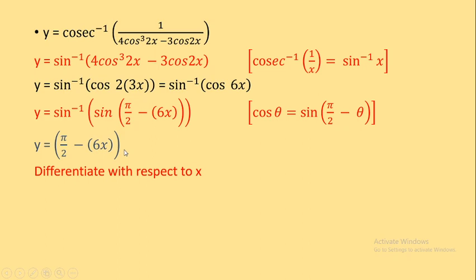Next step, differentiate. Now you can easily tell me the answer. Pi by 2 is a constant, right? And the answer is yes, minus 6. Just remember the small mistake here: take the 3 outside and the 2 inside. That's the only thing.